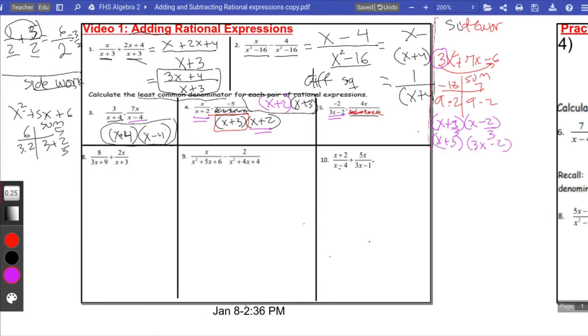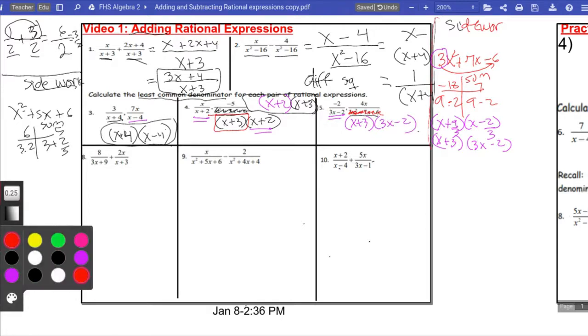So x plus 3 and 3x minus 2. Now my common denominators are, I have you and I have you, and then my leftover is this one. So the final answer equals 3x minus 2 and the x plus 3, the leftover.